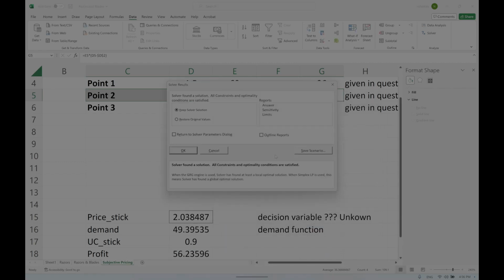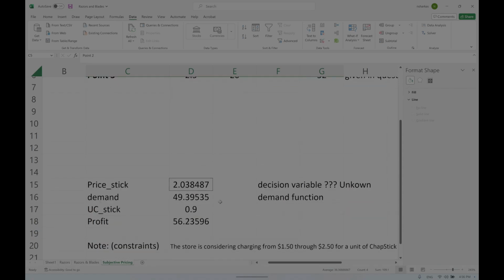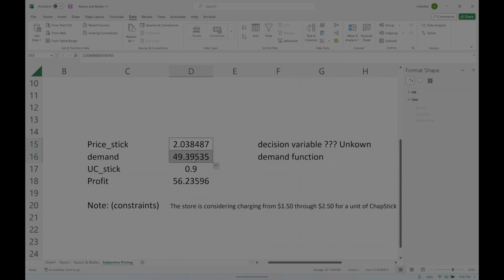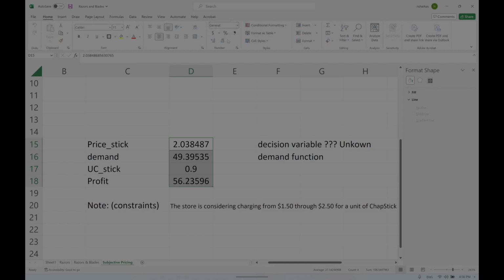So I thought something was up. And here is okay. I'm really sorry for confusing you. Hopefully you picked it up as I was doing it. So here the price should be around $2, so that it's 2.04.